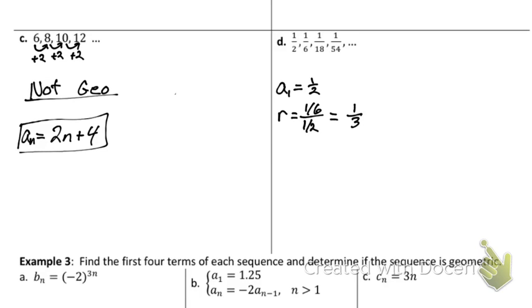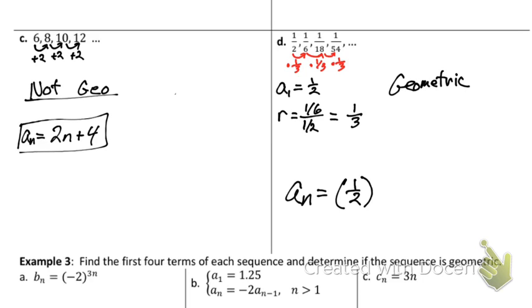So if I multiply 1/2 by 1/3, I should get 1/6 out, which I do. 1/3 times 1/6 does equal 1/18, and 1/3 times 18 will give me my 54. So it is geometric. And so we're going to write our formula, which is a sub n equals my first term, 1/2, times my common ratio, 1/3, to the n minus 1.